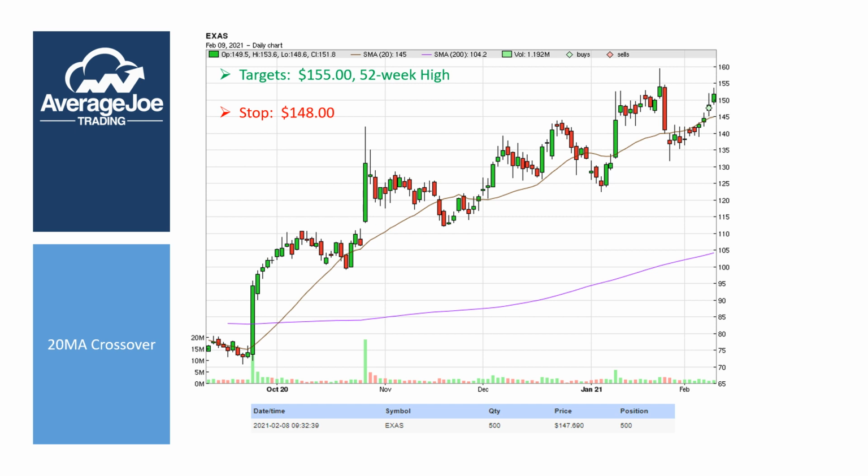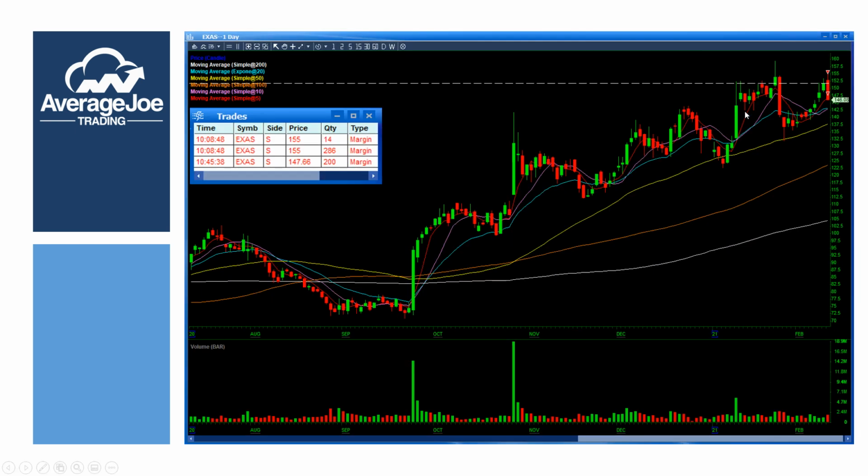And damn, if this thing didn't hit my target, and within the same hour, just after 10 o'clock. By 10:45, it had pulled all the way back and stopped me out. My stop was 148. Look at the slippage it got coming down. That's telling you how hard this thing was falling. It was just washing out.